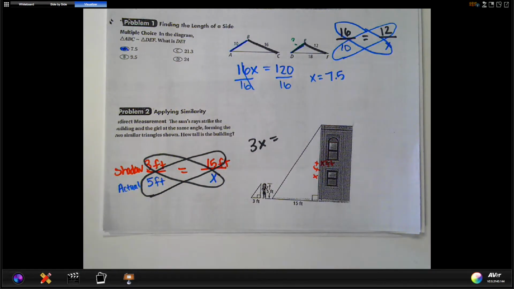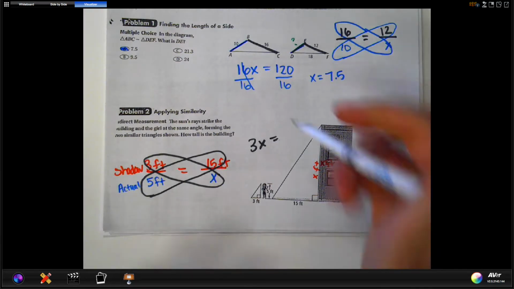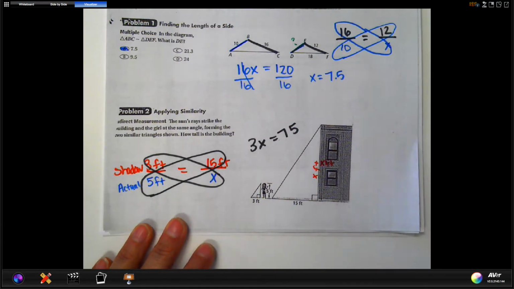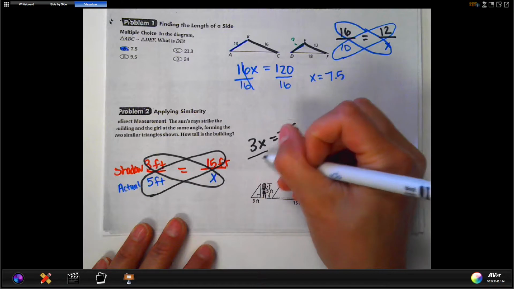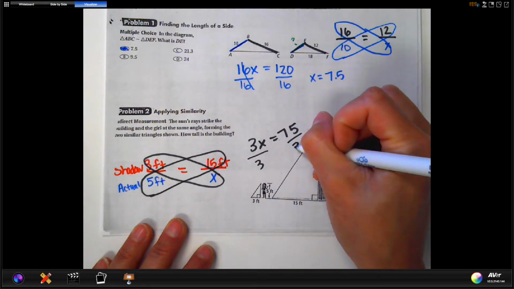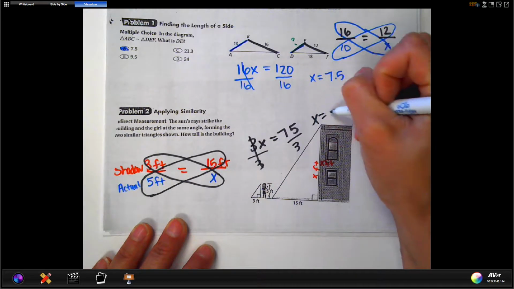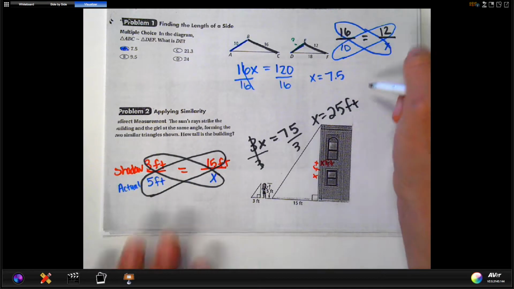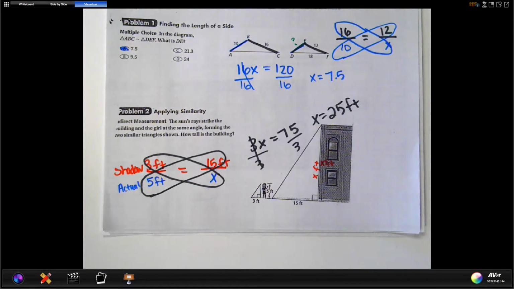What is 5 times 15? What is it, 75? Okay, and then we divide. So x equals 25 feet. That's how you can measure stuff that's really tall and dangerous to measure directly. You can measure it using shadows. It's kind of nice. All right, so far so good?